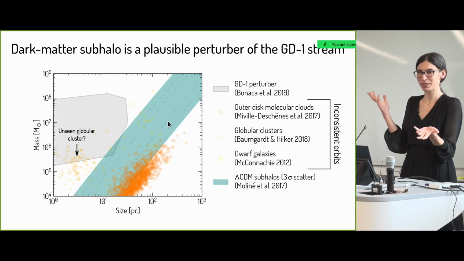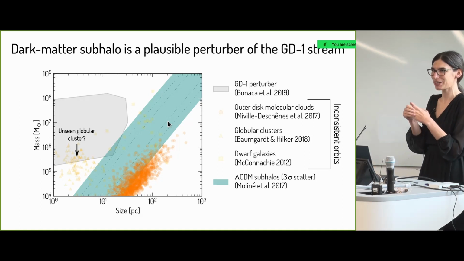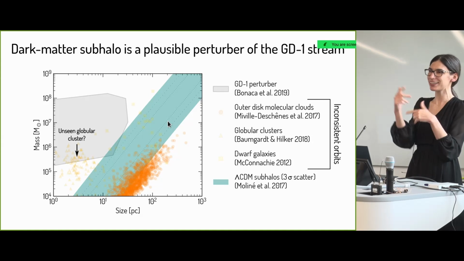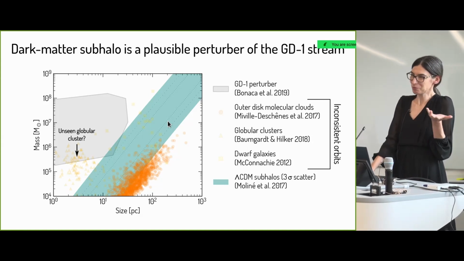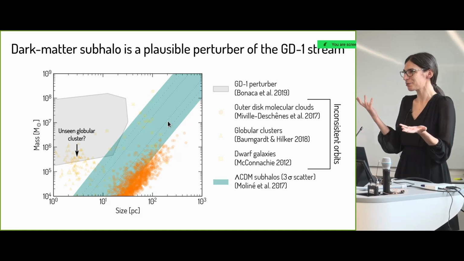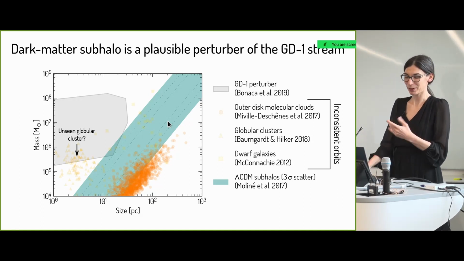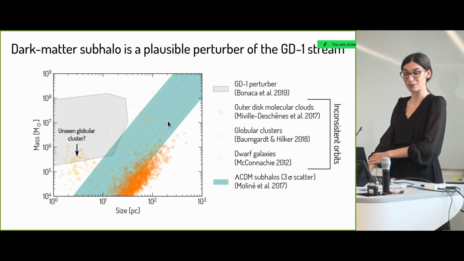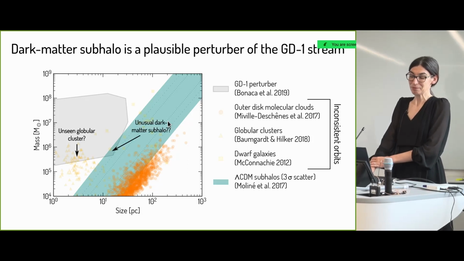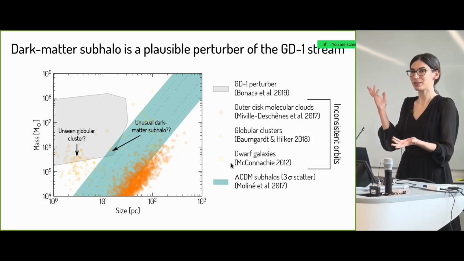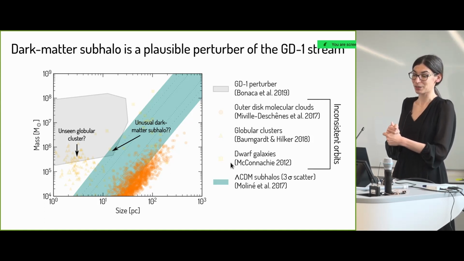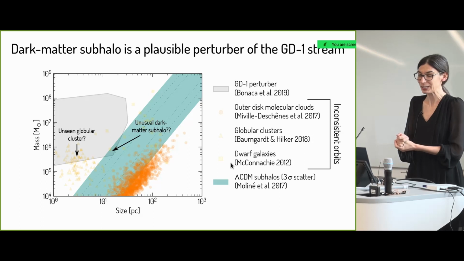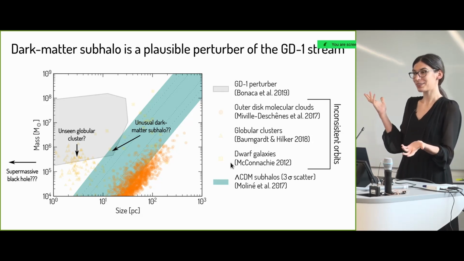It's like, okay, maybe it's a globular cluster we haven't seen because, I don't know, maybe it's hiding on the other side of the disk. Could be. We think we have discovered most of the globular clusters, but in principle, they structurally fit the bill at least. Then another option would be that it is an unusually dense dark matter subhalo, or something else that's very dense.